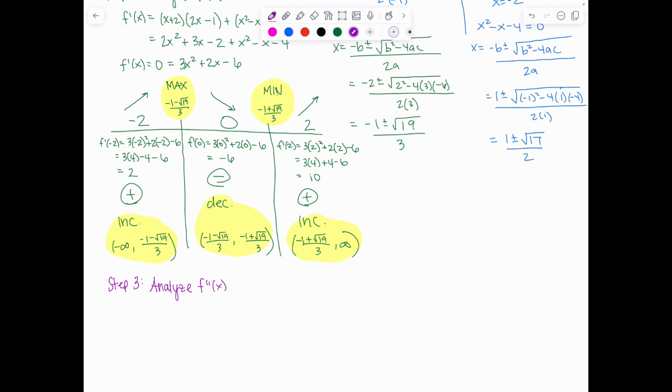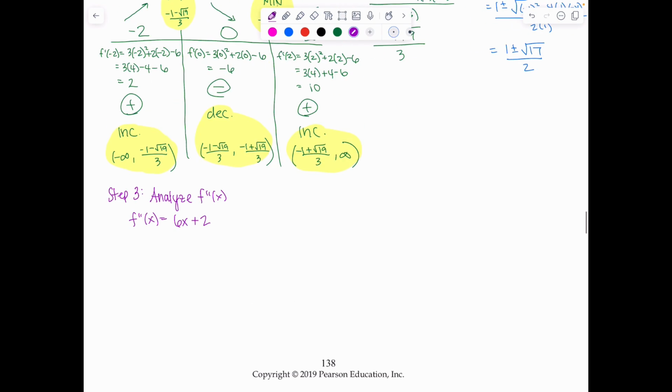So, going from our first derivative to our second derivative, derivative of 3x squared will be 6x. Derivative of 2x will be 2. And we set this equal to 0.